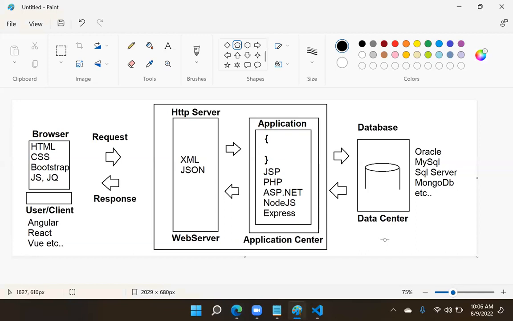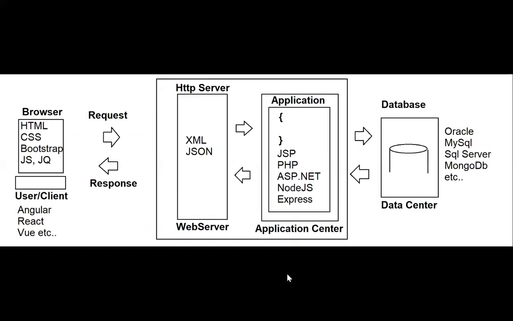Now, I hope you understood the overview. Data is present in the data center. Can we access data directly? No, that is managed by the application. The application communicates with the database and gets the data.